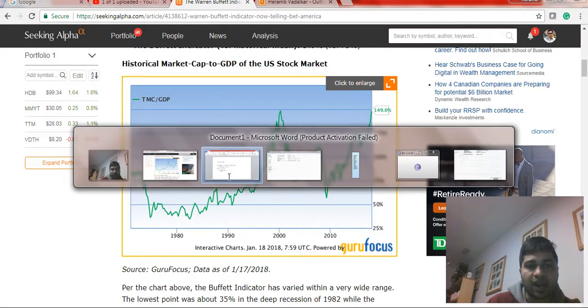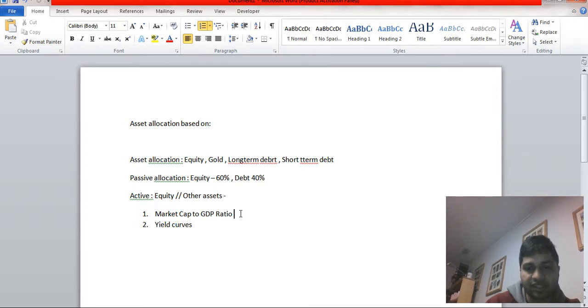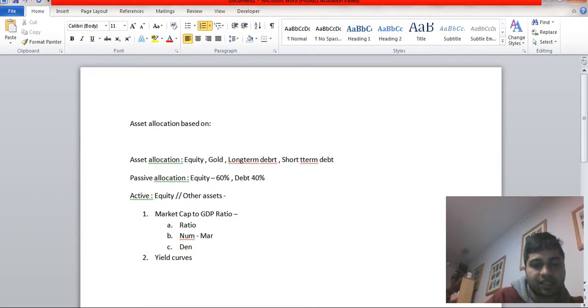So what is the market cap to GDP ratio? Let us first understand it, then look at its example. It's a ratio, and any ratio has two parts, numerator and denominator. In the numerator, we have the market capitalization of stocks, the market cap of listed stocks, and in the denominator we have gross domestic product.